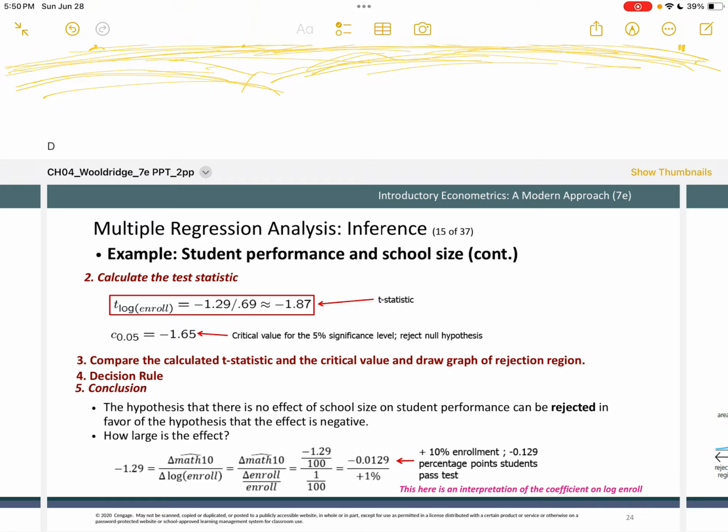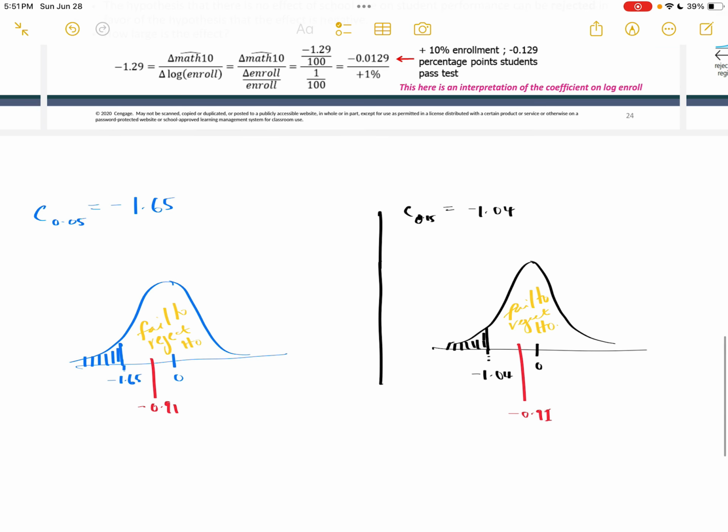So yeah, when you use the log, things may change. When we use the log of enrollment instead of just enrollment as the variable, the t-ratio, the test statistic, changes. It gets bigger in absolute value. It was 0.91 earlier on. It's now 1.87 in absolute value.